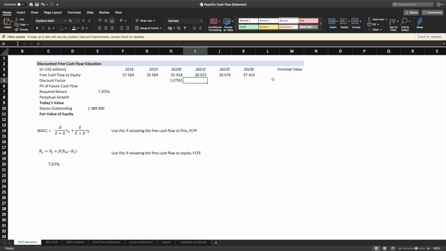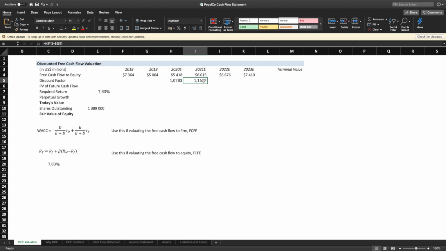To arrive at the other discount factors for the later years, we can simply take this and multiply it by 1 plus our required return. We can put dollar signs here, which essentially tells Excel to fix this cell, the required return.